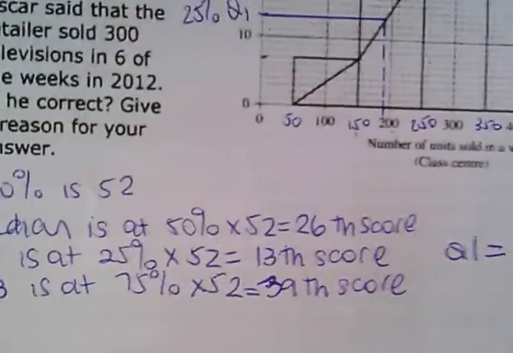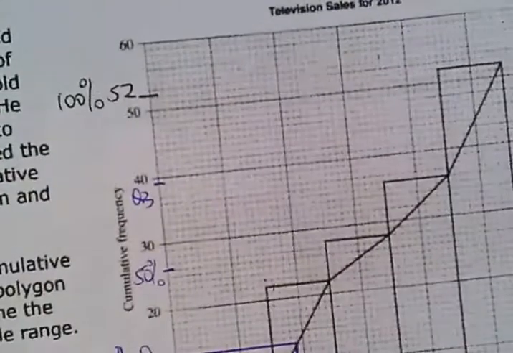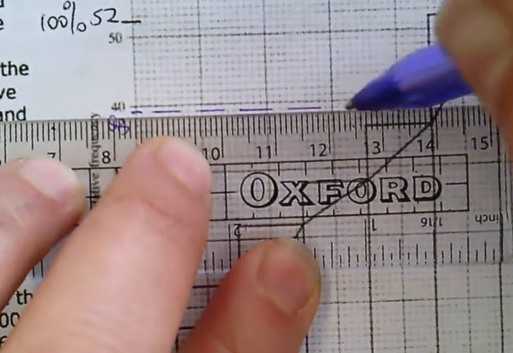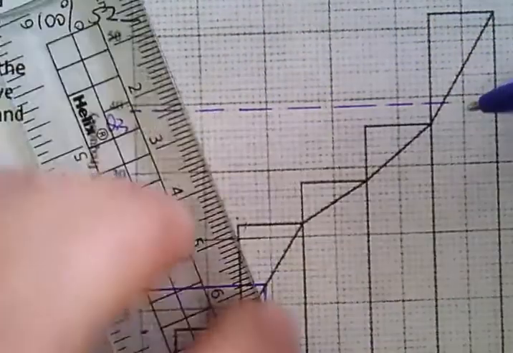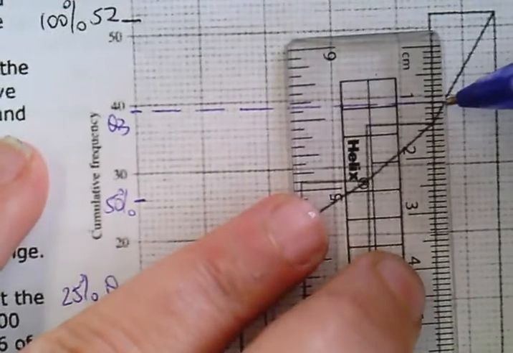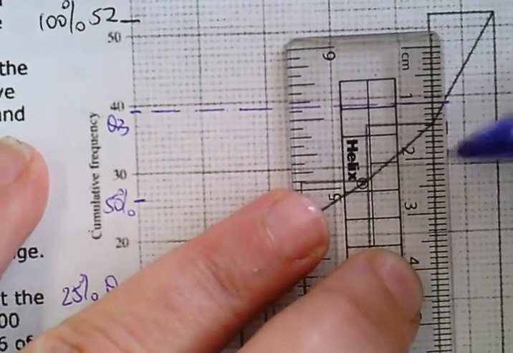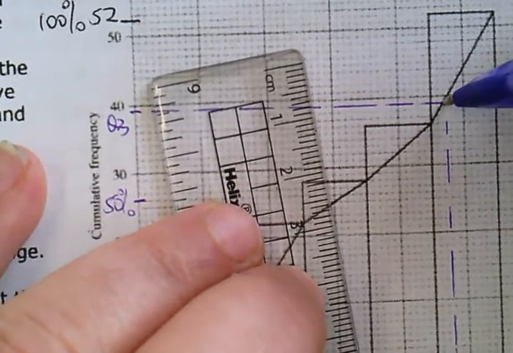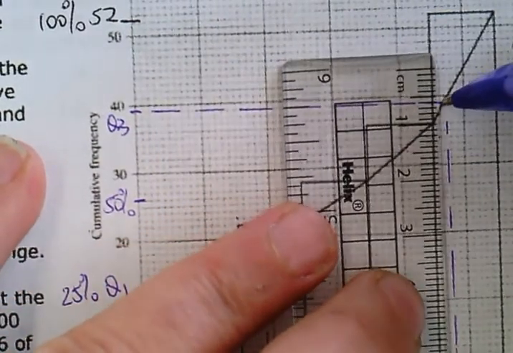Let's go up to Q3. Coming across to hit the line graph, and then coming down. Actually, not sure if I've come down at the correct spot.